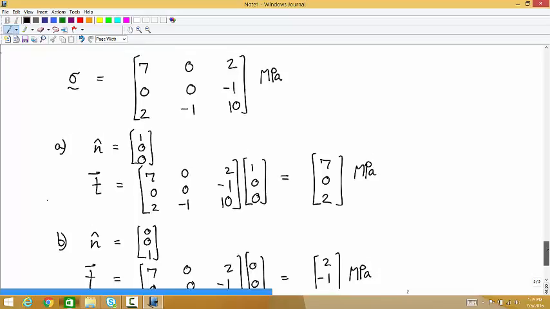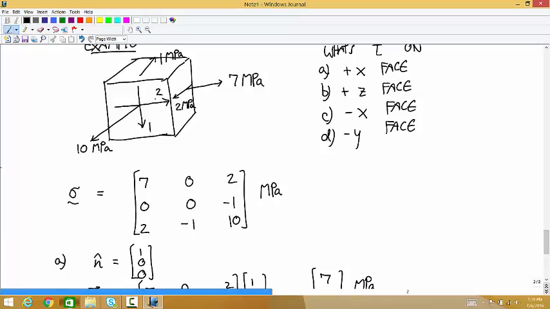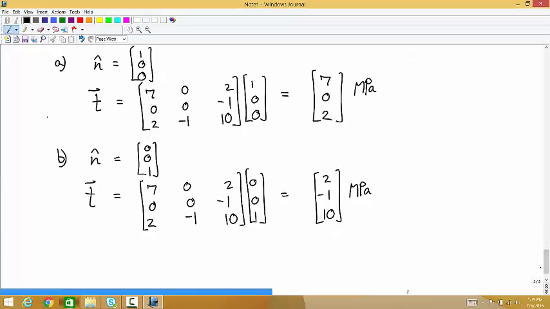Does that make sense with the stress tensor as it's drawn? So on the z face, the x component is 2, the y component is negative 1, and the z component is positive 10. So that works.